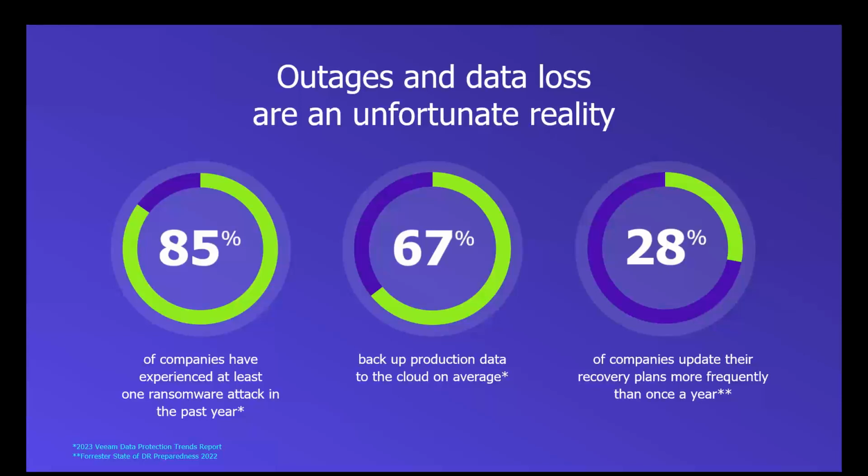So on average, 67% of companies back up production data to the cloud. And most concerning, despite all this complexity and risk, only 28% of companies update their recovery plans more frequently than once a year. So just think about how much data changes day to day in your organization. So you can only imagine that across the board. So recovery plans are definitely not being updated as frequently as they should be.